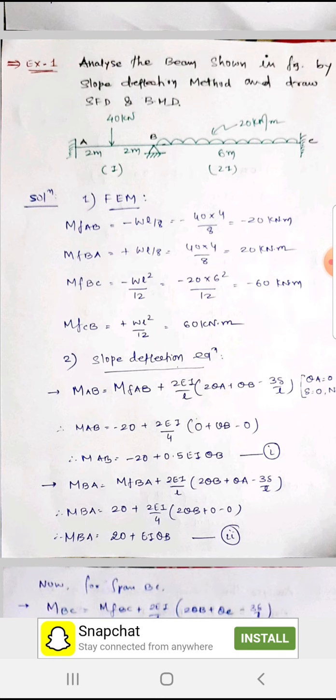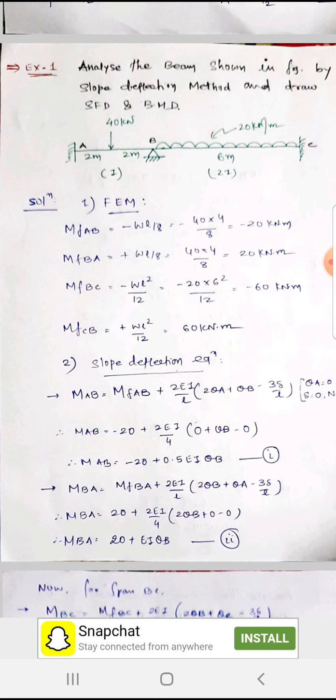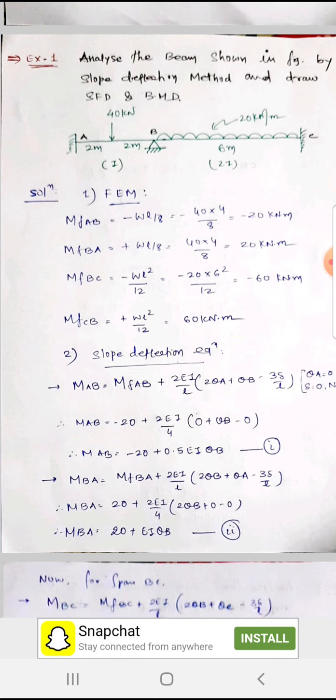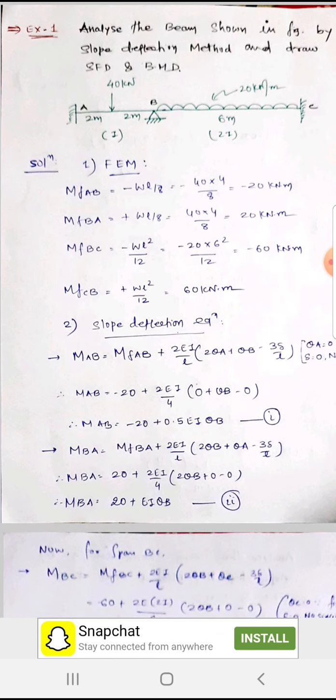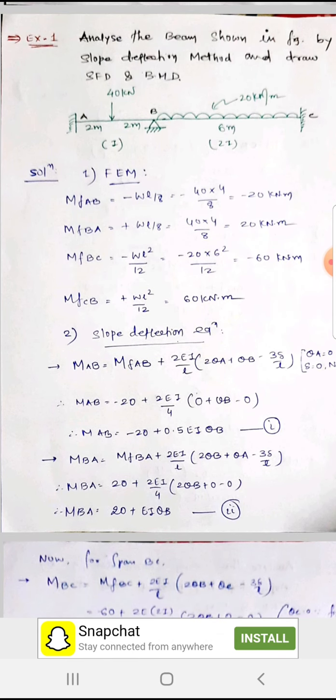From B to A, same equation WL by 8, but the sign is positive because here we are considering the hogging moment, and for hogging moment, the left hand side moment is minus and the right hand side moment is plus. Again for BC span, the fixed moment is minus WL square by 12.